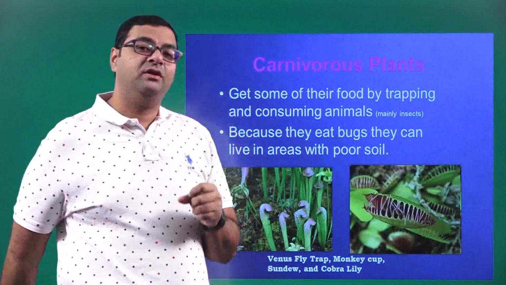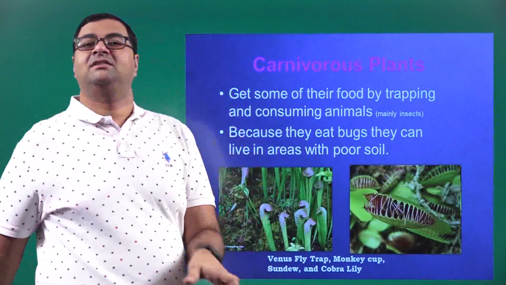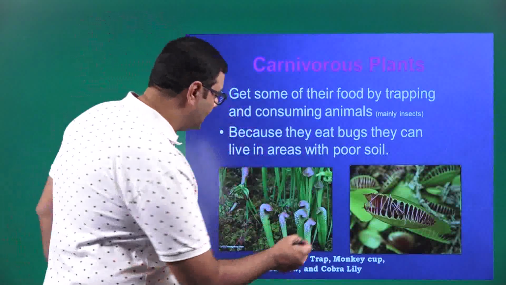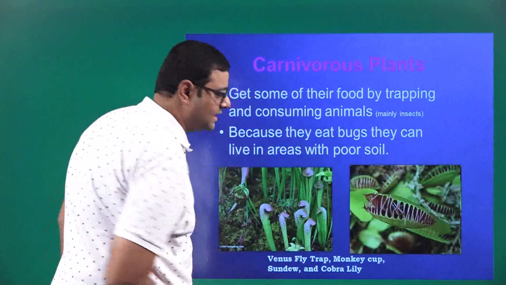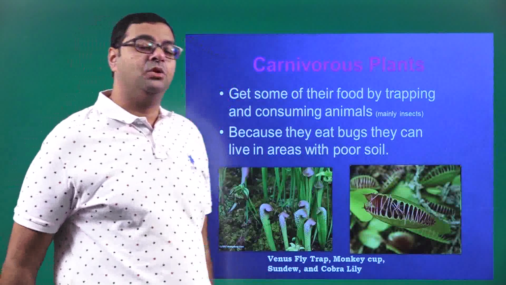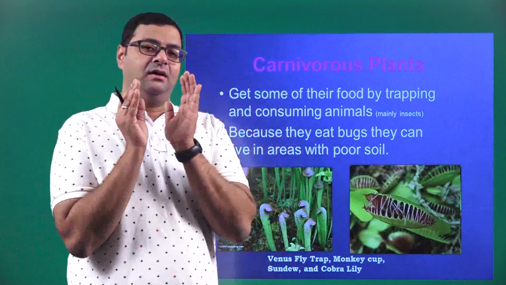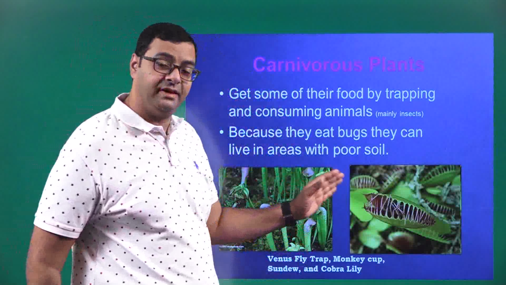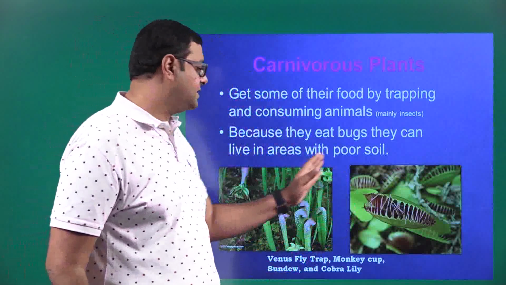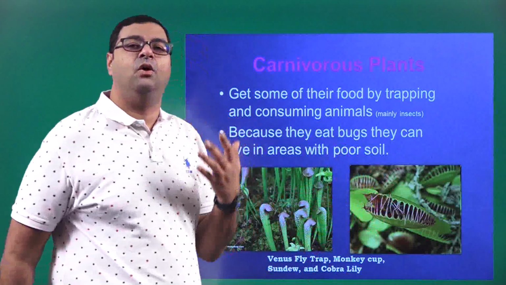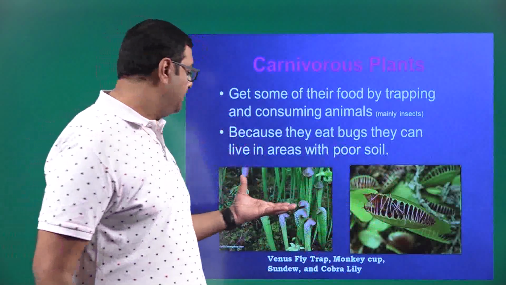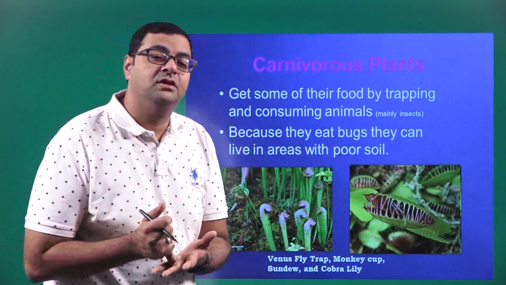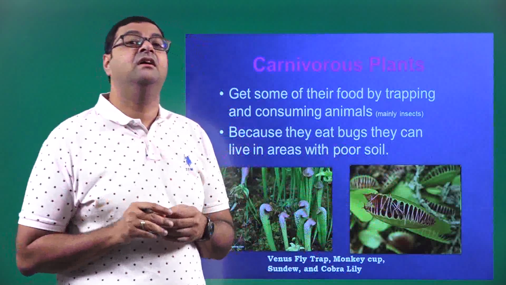So what do they do? The best source to obtain proteins is insects. You can see the insects here. These plants have developed certain modifications in order to make the source of nitrogen possible for them to make proteins.